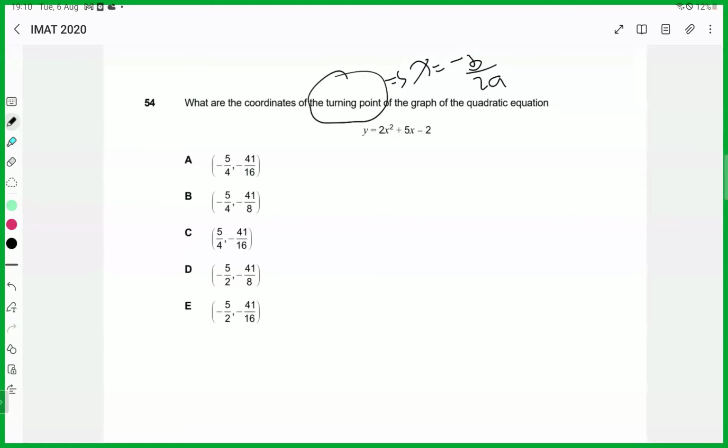So we just get the x. b is 5, a is 2, this is a, b, c, you know? So minus 5 over 2 times 2, which is 4, so minus 5 over 4. So the x is minus 5 over 4.